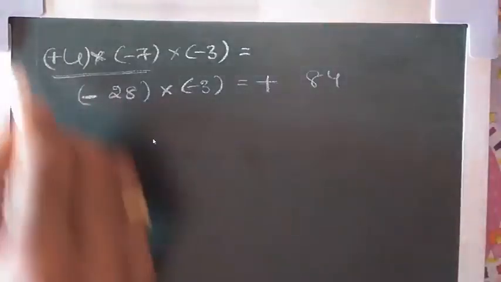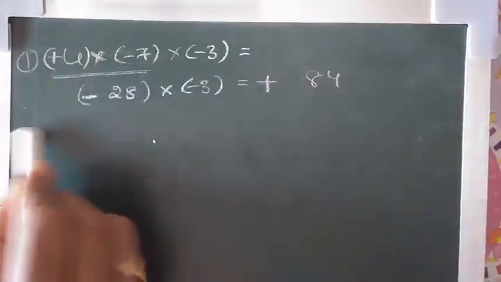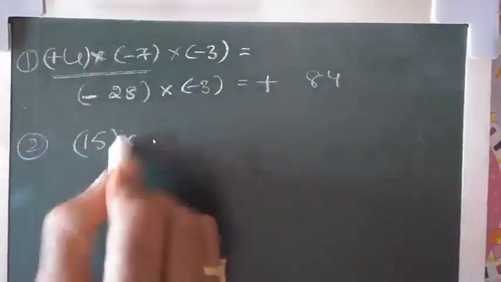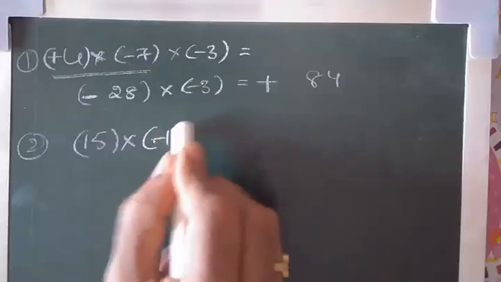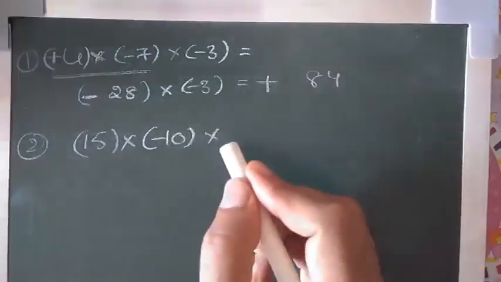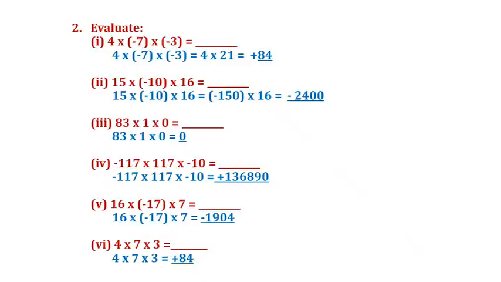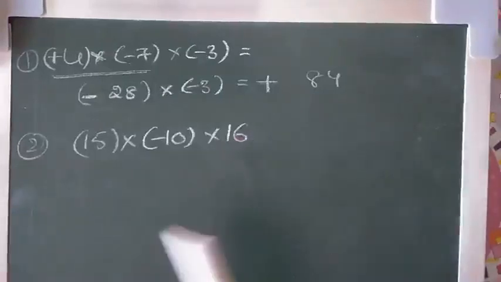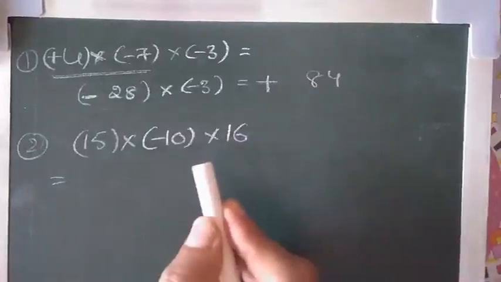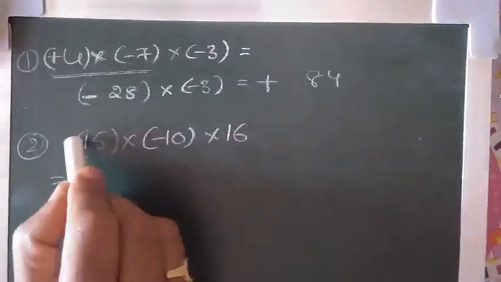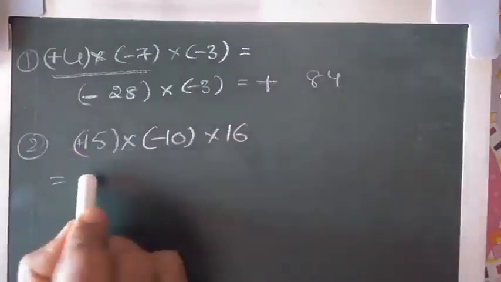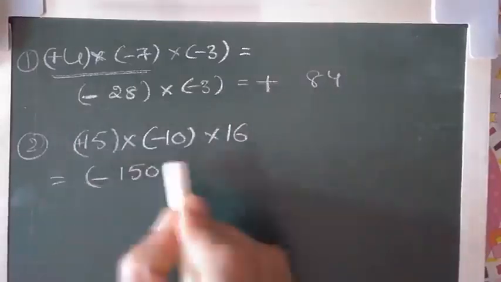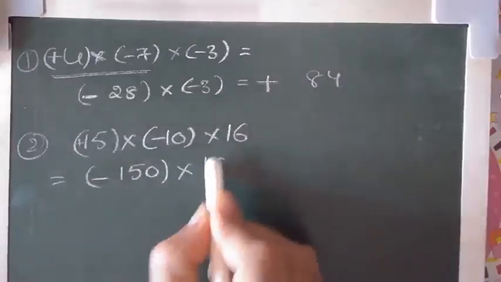15 into minus 10 into 16, which is equal to, so first multiply the first two numbers, which is plus into minus, minus. 15 tens are 150, minus 150 into 16.